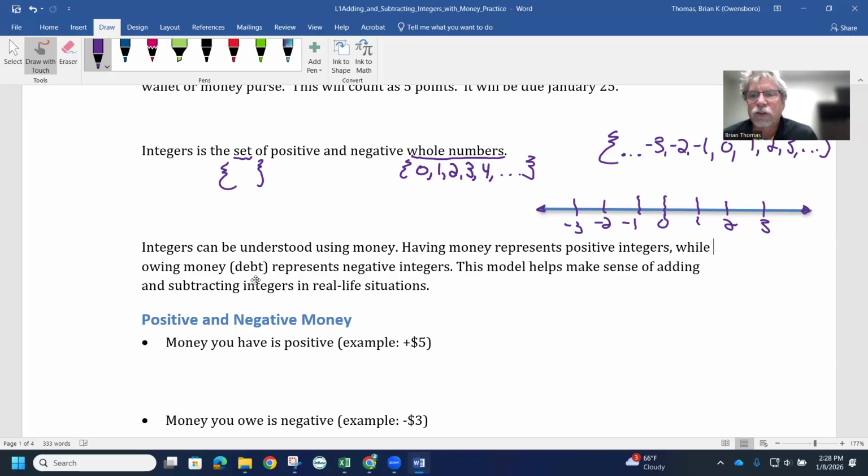But debt is very abstract. We cannot touch debt. It's just something that's out there, but we as adults understand the concept of debt. It's not having money. It's something that you typically have to pay off. So negative numbers typically will be used to represent debt in this exercise. So again, this concept of money helps model and make sense of adding and subtracting integers in real life situations.